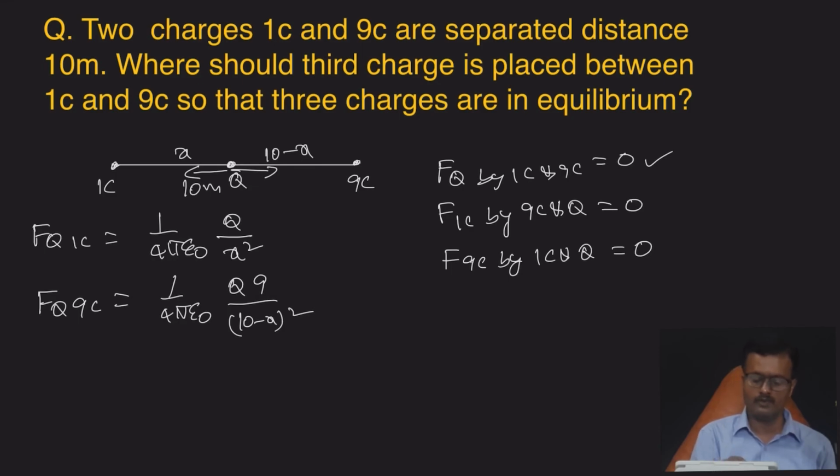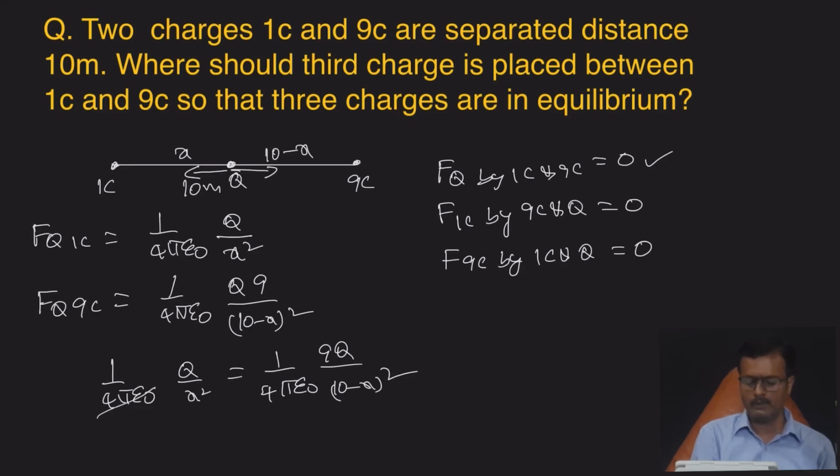So the total force on Q is 0, meaning both forces are equal in magnitude and opposite in direction. So 1 by 4 pi epsilon naught Q by x square is equal to 1 by 4 pi epsilon naught 9Q by 10 minus x whole square. See here, 1 by 4 pi epsilon naught cancels, Q cancels. Look here, 1 by x square is equal to 9 by 10 minus x whole square.